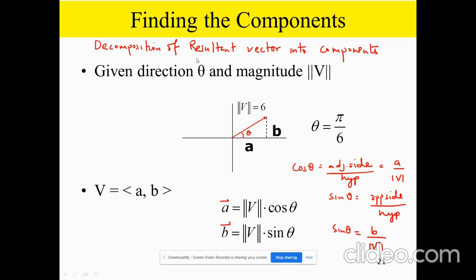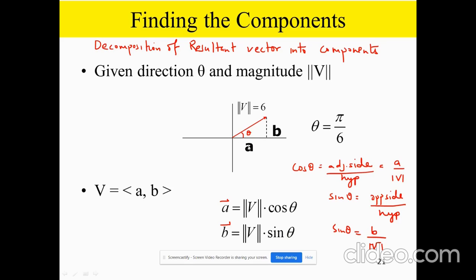Similarly, a common process that we use to solve a lot of problems is decomposition of a resultant vector. You might have done this while solving electric fields or resolution of forces, where if you have a vector v that is represented like this, you can decompose it into coordinates a and b along the x and y axis.